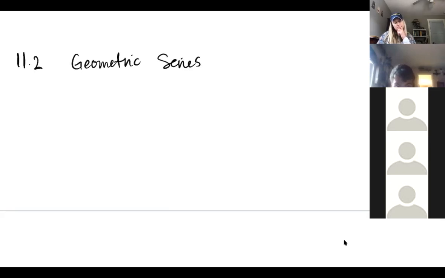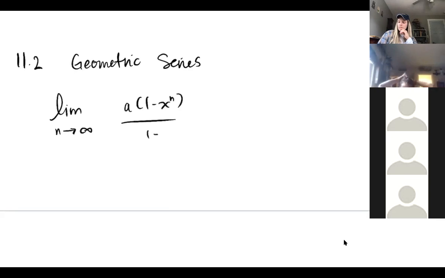In your lecture notes, you went through the derivation of why it's equal to that, and you came across the limit as n goes to infinity of a times the quantity 1 minus x to the n. You said it diverges if x is equal to 1, and I'm just trying to understand how you would compute that limit if x is equal to 1.